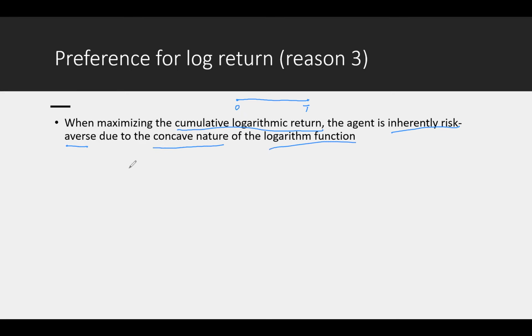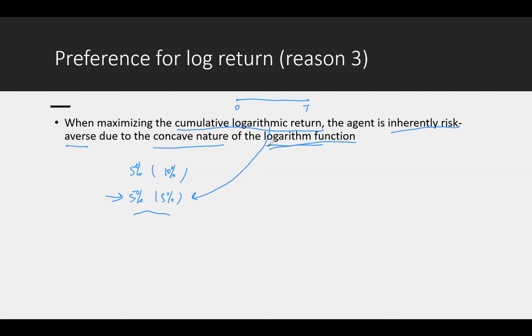So for example, if I have an asset with return 5%, 10% standard deviation, right? And I have another asset also 5%, but 5% volatility. Then you prefer this one if you were to use log return. But if you were to use simple return, then you actually do not show such preference. So this log return gives us a preference over this kind of scenario. So let's look at why that is the case, right?